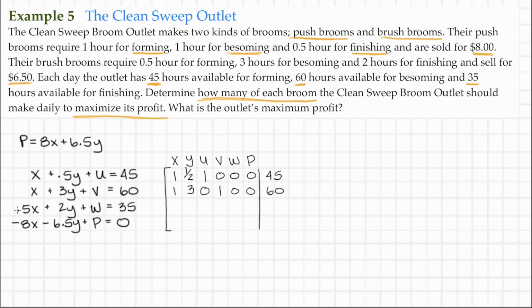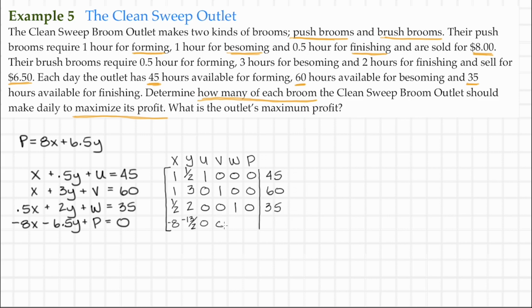Again, we're going to change this into a fraction. So that'll be 1/2, 2, 0, 0, 1, 0, then 35. Then we'll put in -8. We're going to change this into a fraction: -6.5 is -13/2.